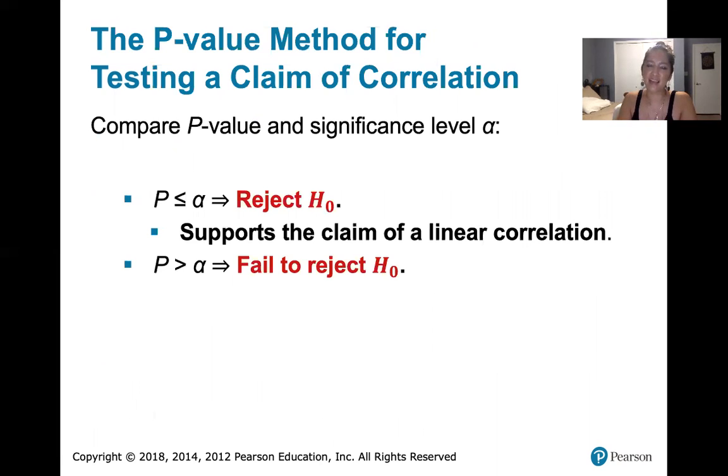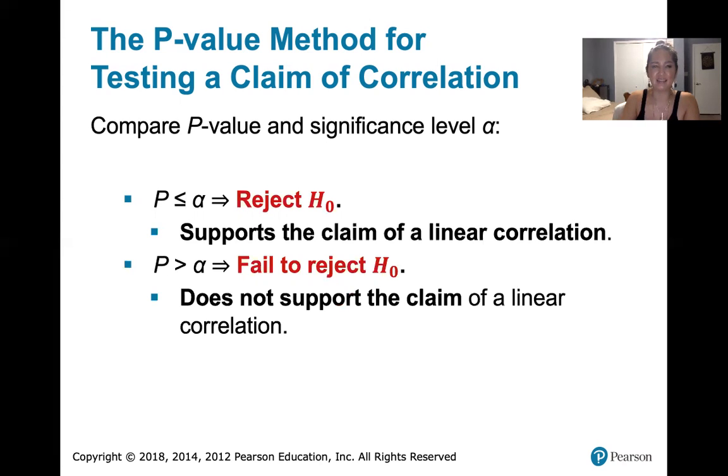Now, if p is high relative to alpha, then we're going to fail to reject the null. So what we're saying in that case is that there is not enough evidence to reject the possibility that there's no correlation between the two variables. There may be a linear correlation, but we don't have enough evidence to support that yet.